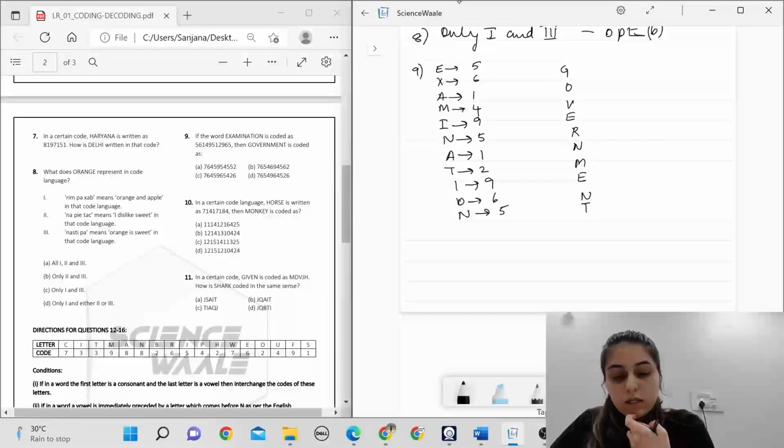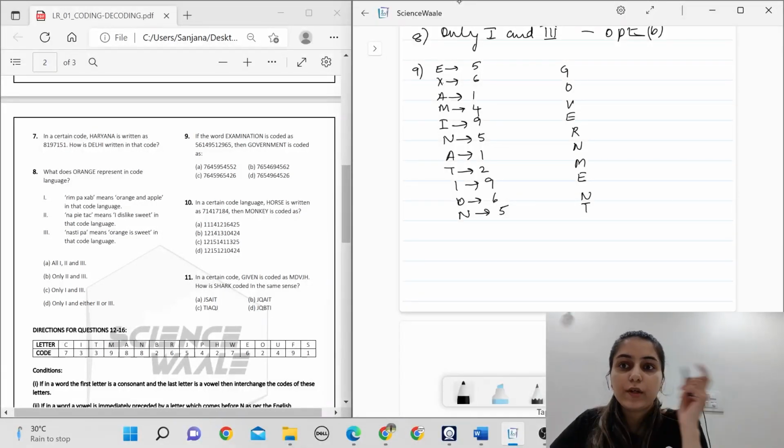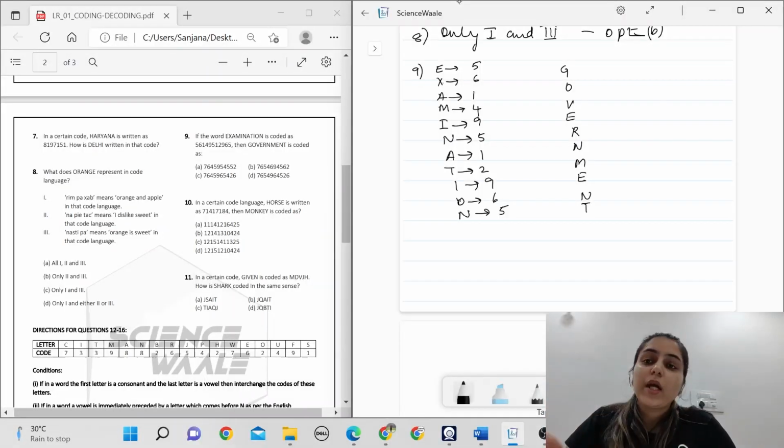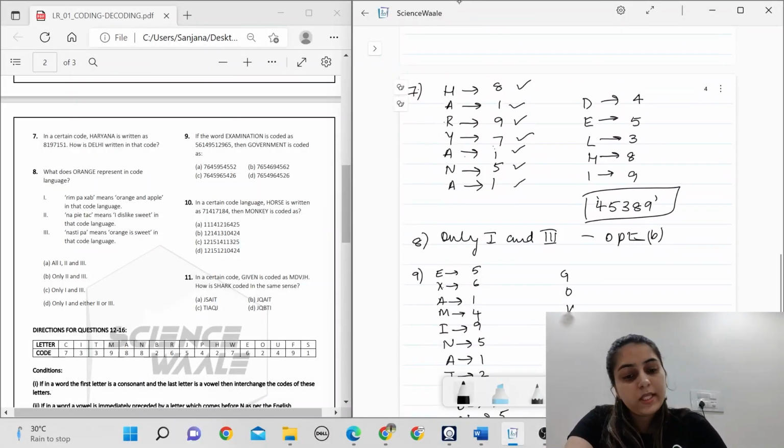Now if we look at the numerical codes that they have done, where a particular number is given to a particular letter, we can understand that it's on the same concept which we used previously in the seventh question.